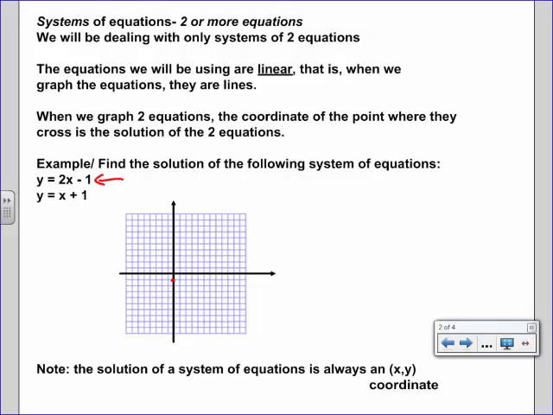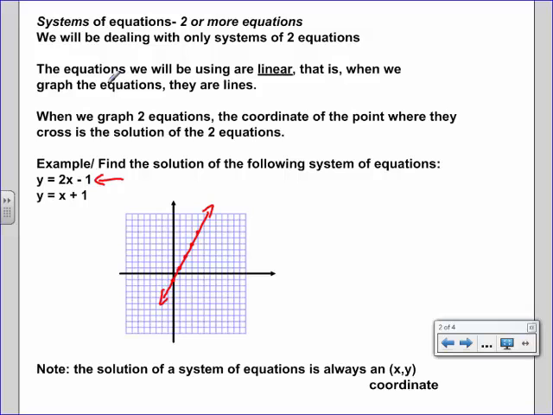The y-intercept is at -1, and it has a slope of 2, which is up 2 over 1. After you plot your points, draw a line through it. And then we'll graph the second equation, y equals x plus 1.